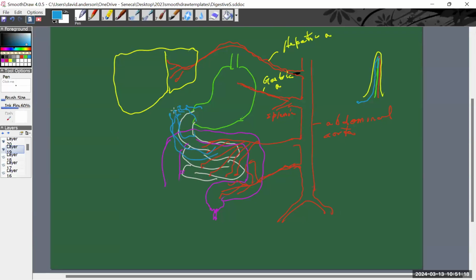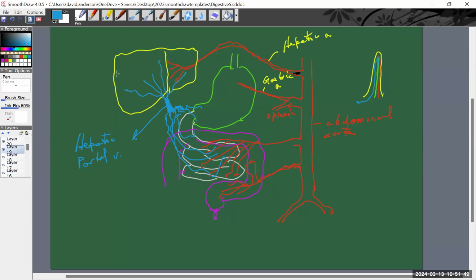So they're going to drain into a common vein, and this is the important part of all of this, this is the hepatic portal vein. And the hepatic portal vein has got all the nutrients that were absorbed from the small intestine. And we can see that it's going to go first to the liver.